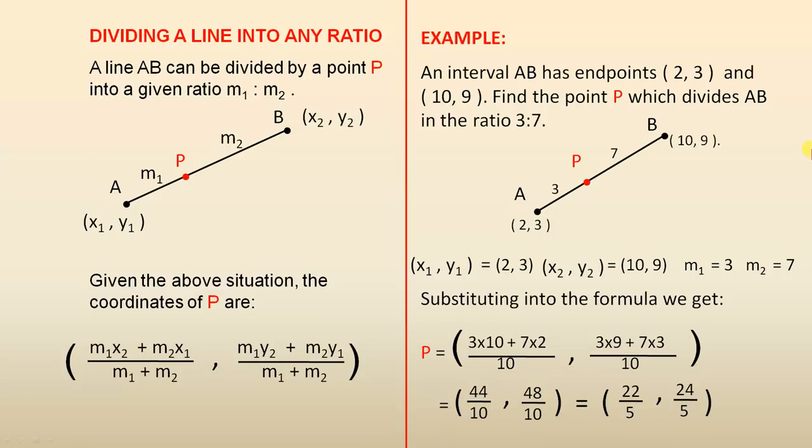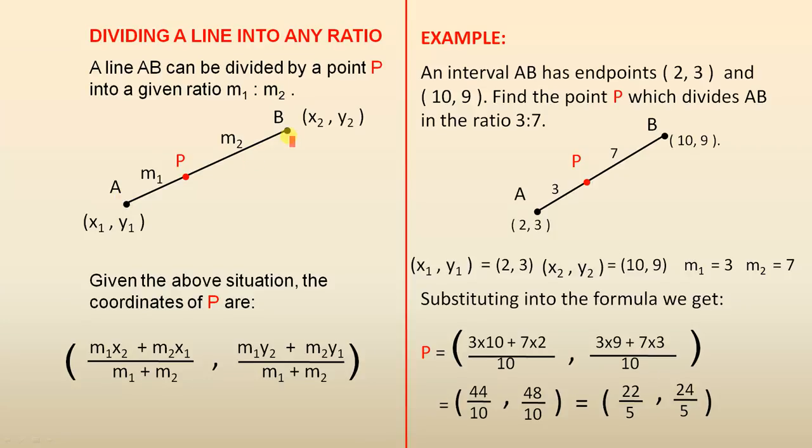Dividing a line into any ratio. A line AB can be divided by a point P into a given ratio m1 is to m2. Now, here is a line. We can actually call it an interval because it has one point here and one point there.